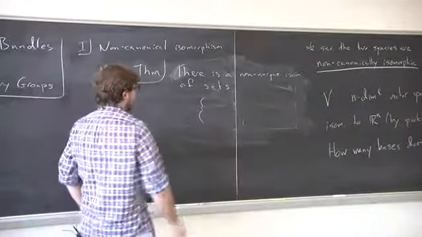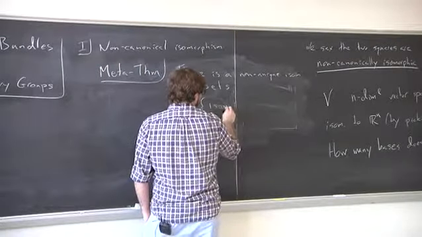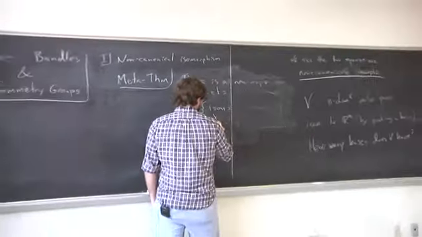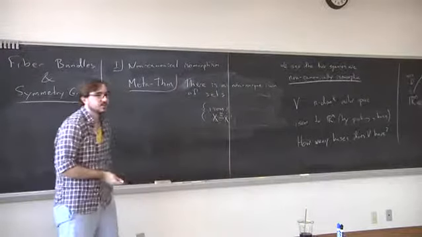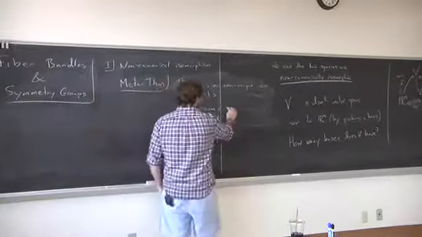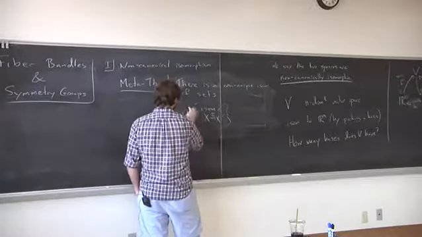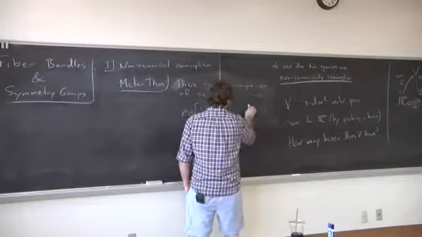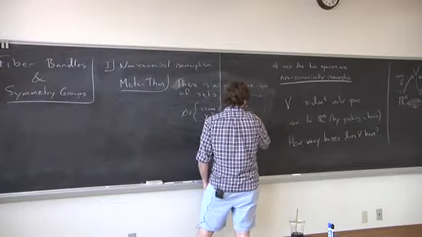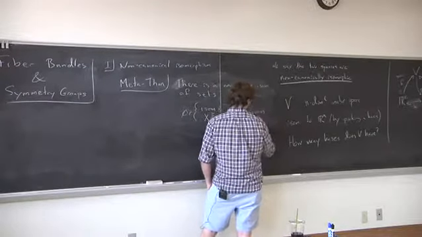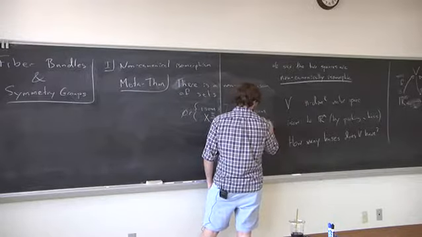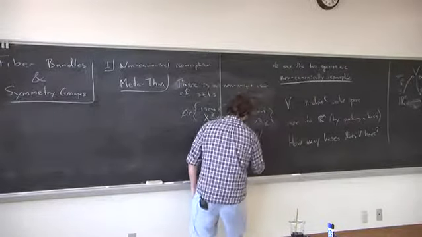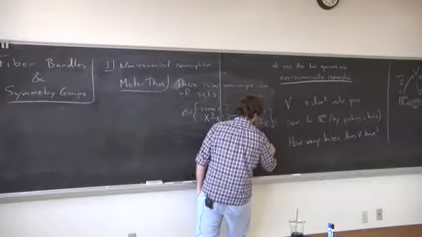So I'm going to write isomorphisms x to x prime, assuming there exists at least one, with isomorphisms of x with itself. And this I'm going to call x.